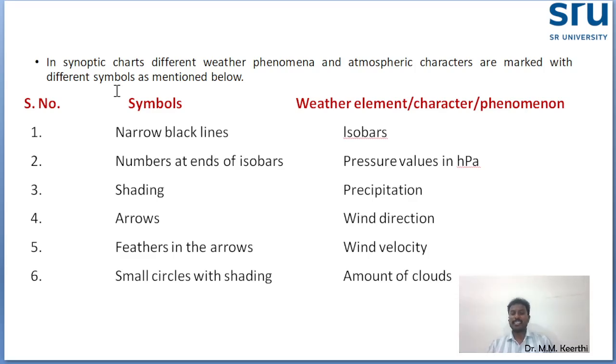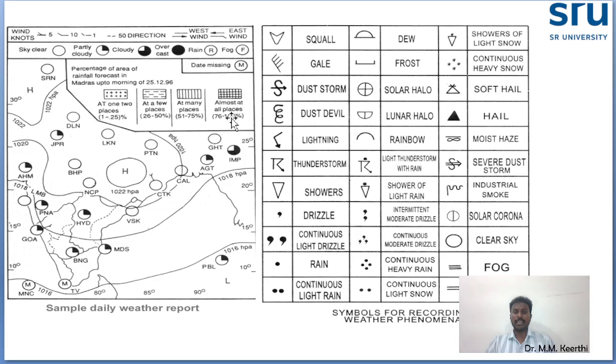Shadings indicate precipitation. Arrows indicate wind direction. Feathers on arrows indicate wind velocity. Shading with small circles indicates the amount of clouds. Now you see this picture and you will understand. These are some examples of the weather codes. For example, this comma symbol indicates drizzle.